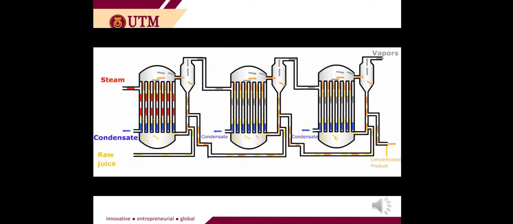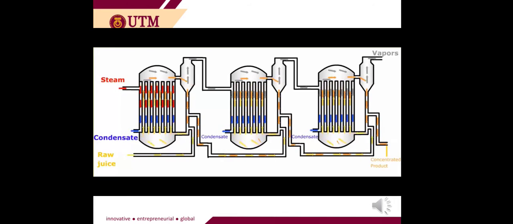Again, more vapors will come out of the liquid stream, and those vapors from the second effect are then passed into the third effect as the heating medium, where they will discharge their heat and the condensate will leave at the bottom of the heating section.